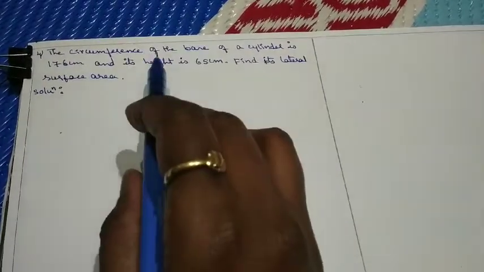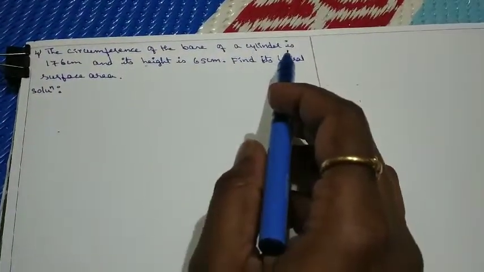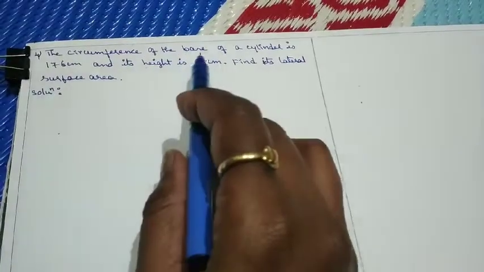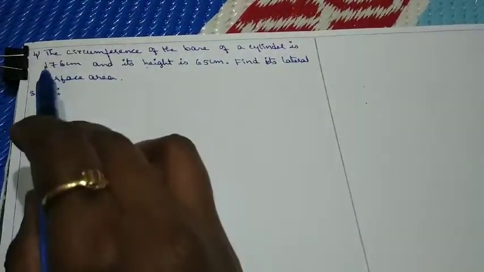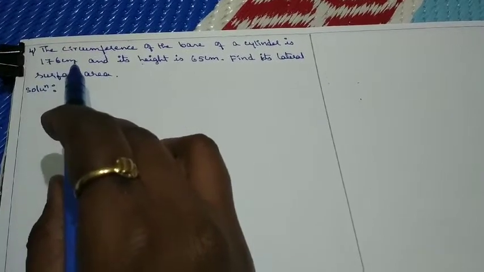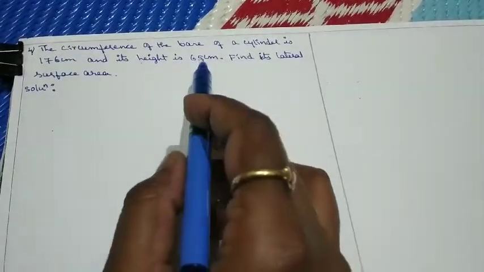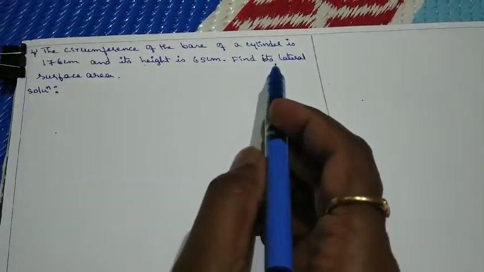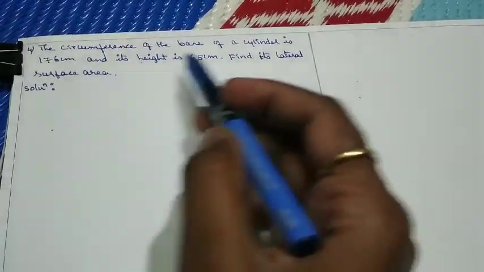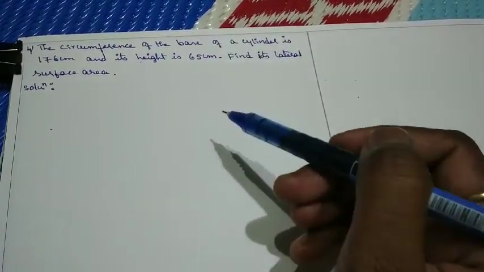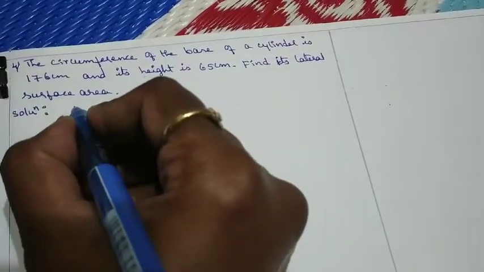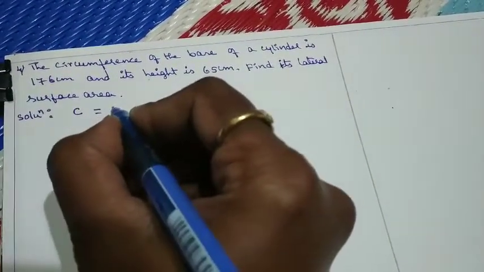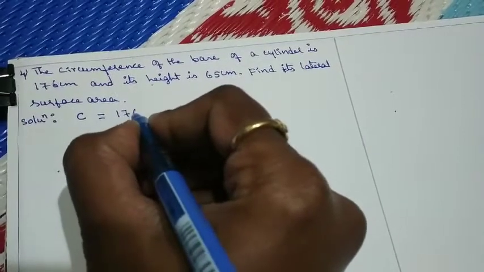The circumference of the base of a cylinder, which will be in the form of a circle shape, is 176 centimeter and its height is 65 centimeter. Find its lateral surface area. Lateral surface area is nothing but CSA of a cylinder. So circumference of the base of a cylinder equals 176 centimeter.